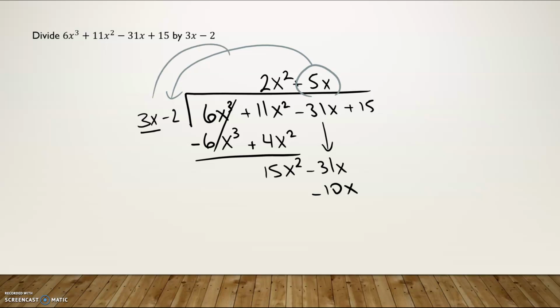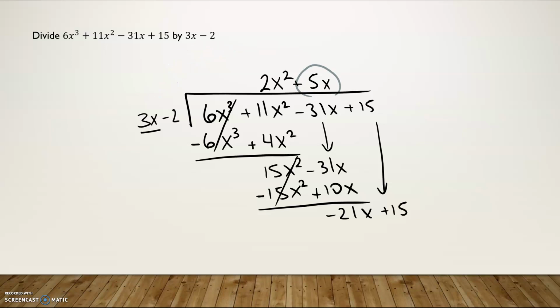Then take this 5x and multiply it times this 3x, and that will give me 15x squared. Now I'm going to change the sign. So this was positive, now it's negative. This was negative, now it's positive. Those cancel out, and I get negative 21x. Bring this down, so plus 15.